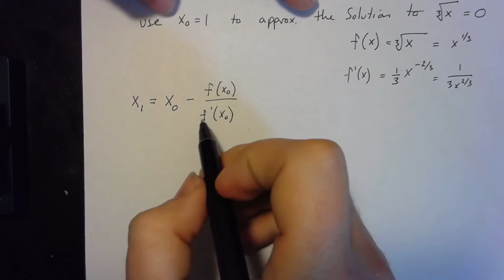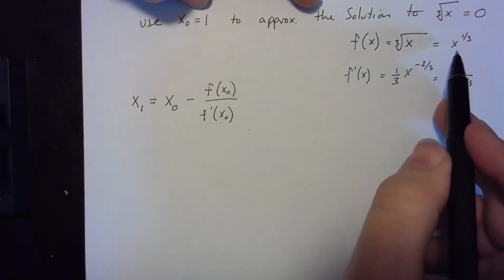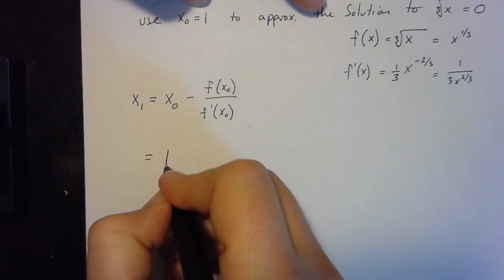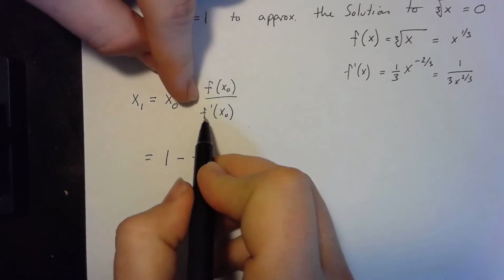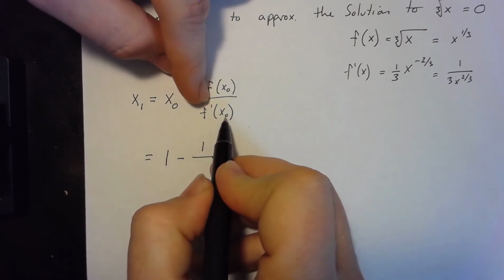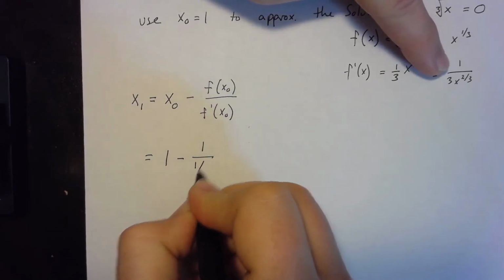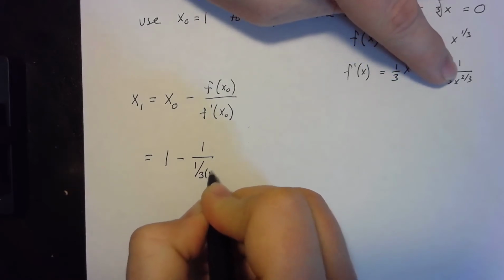Now, in doing so, all I'm really going to do is plug in 1 to this function here and this function here and plug it into here. So that's going to give me x1 is equal to 1 minus f of x0, which is 1, divided by f prime of x0, which would actually be 1/3 as a value. So again, 1 divided by 3 times 1 to the 2/3 is 1.